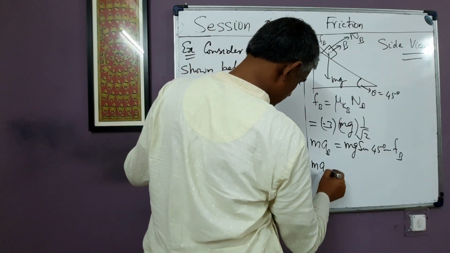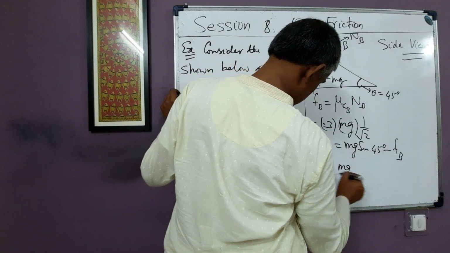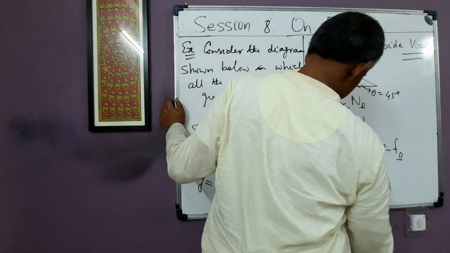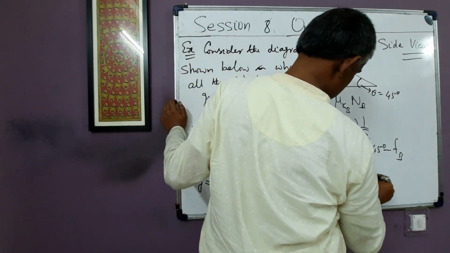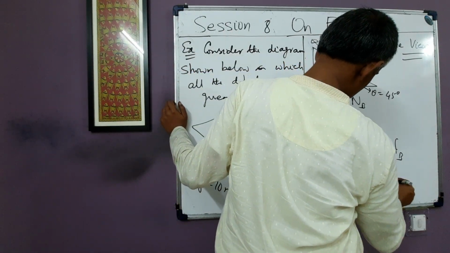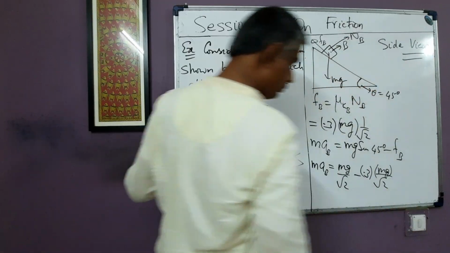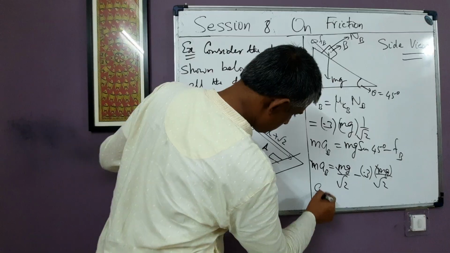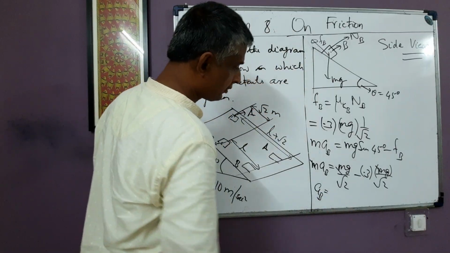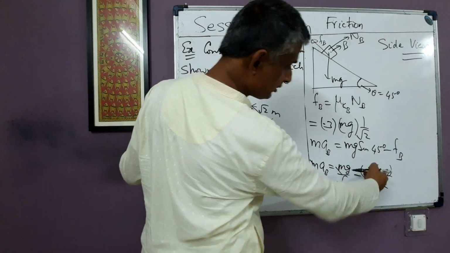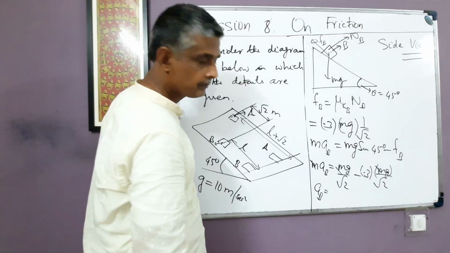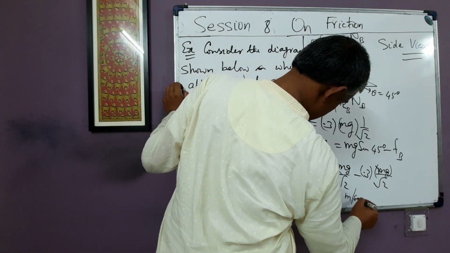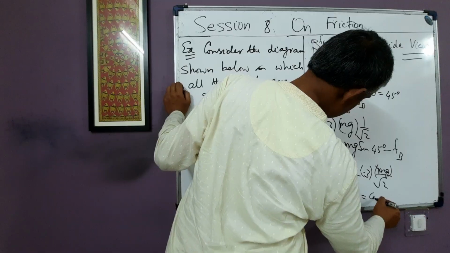So m AB becomes mg times 1 by root 2 minus 0.3 mg by root 2. Now m goes away, so AB becomes 0.7 g by root 2. With g as 10, this becomes 7 by root 2 meter per second square.